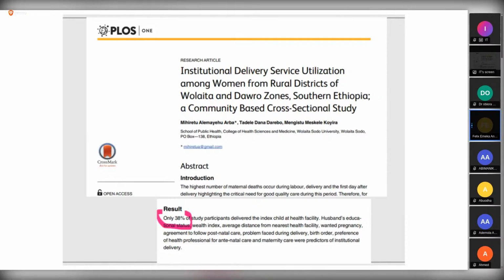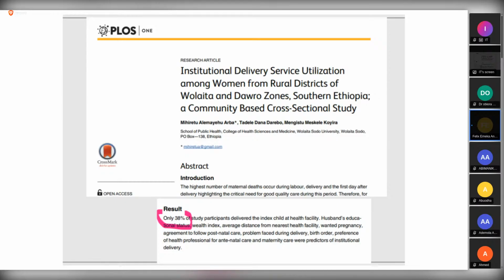Let's assume that you are doing a study where you want to measure the prevalence of institutional delivery service utilization. That's your own study now. Meaning you want to look at the prevalence of women that delivered in health centers. So what you do is find a study that has been done in your region.